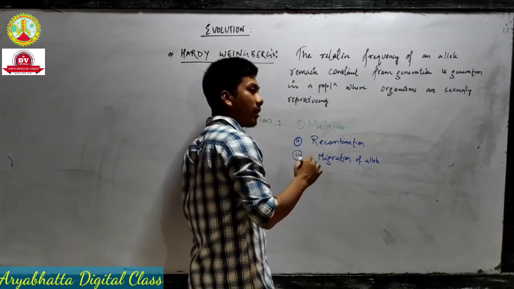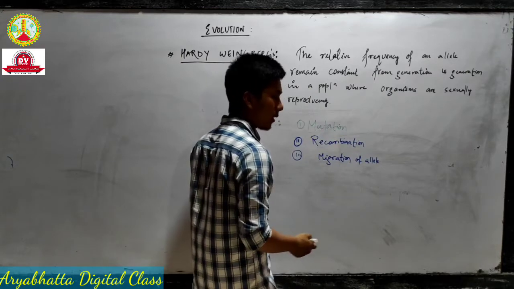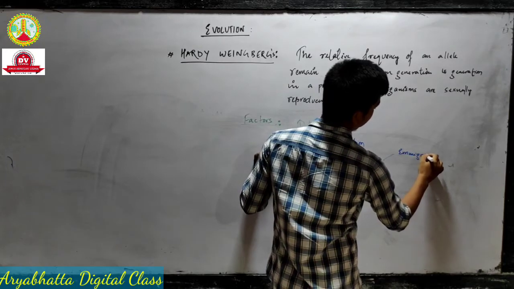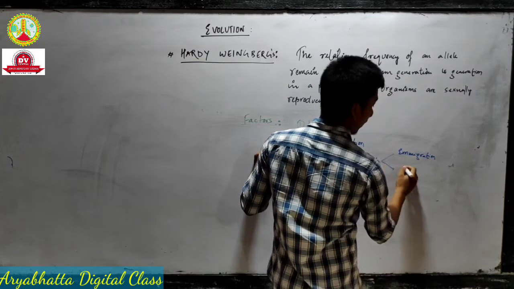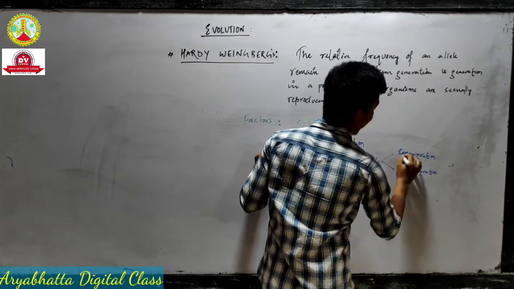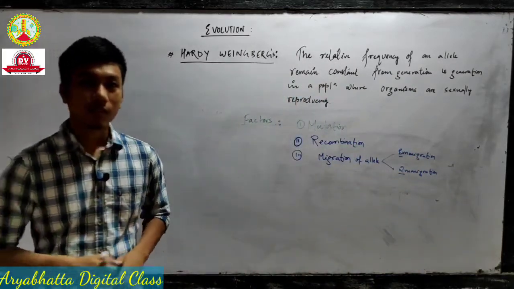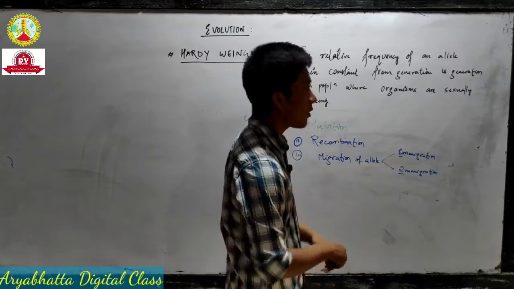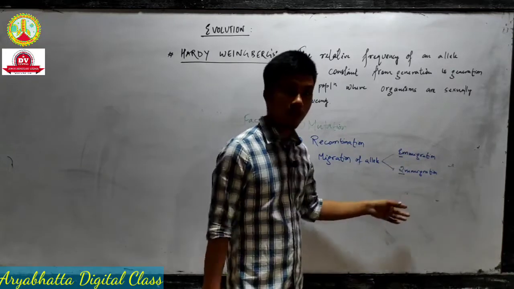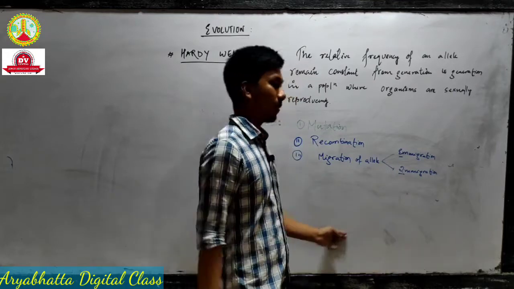So migration can be emigration and immigration. Emigration means going out from one particular place. Immigration means coming in from another place.